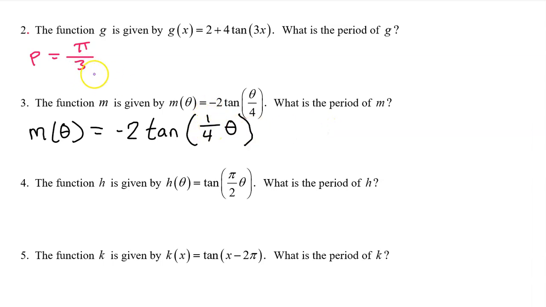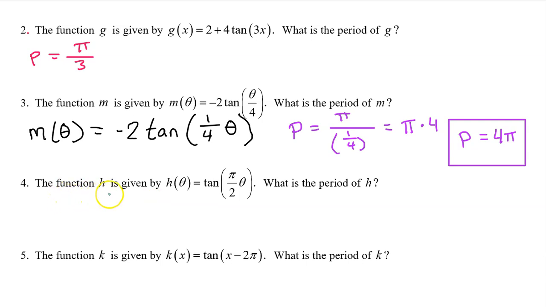And as I just mentioned, the period for a tangent function will always be pi divided by the b value. In this case, pi divided by 1/4. When you divide by a fraction, you multiply by the reciprocal. So we have pi times 4. In other words, the period is equal to 4 pi.